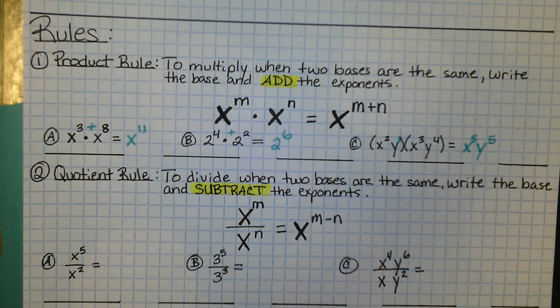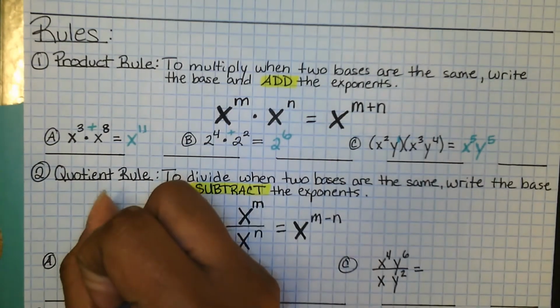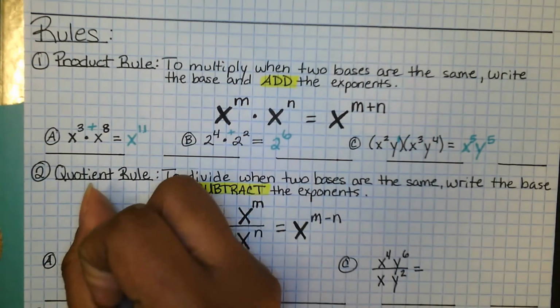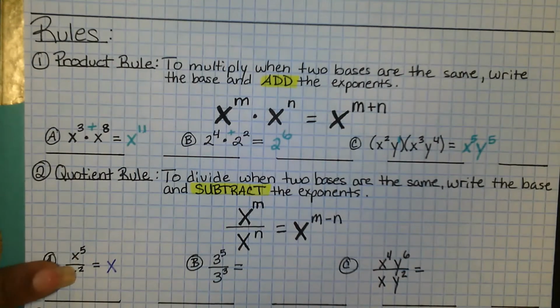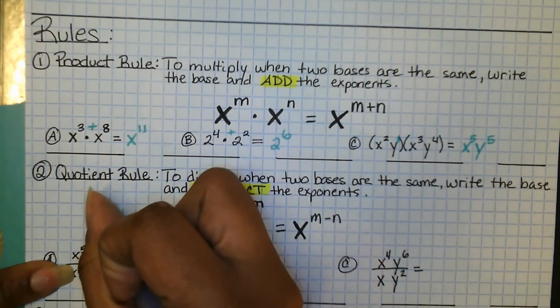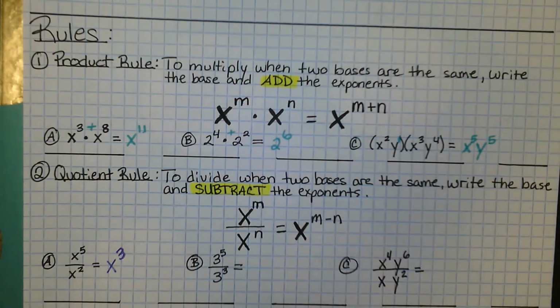It's the top exponent minus the bottom exponent. Here, they both have the base x, so I'm going to keep the base, but then we have to subtract their exponents. 5 minus 2 gives us 3. So x to the 5th power divided by x squared equals x to the 3rd power.